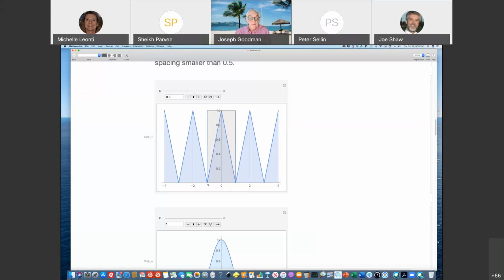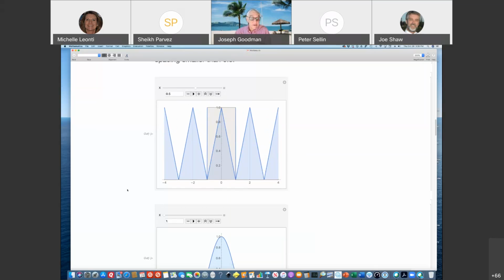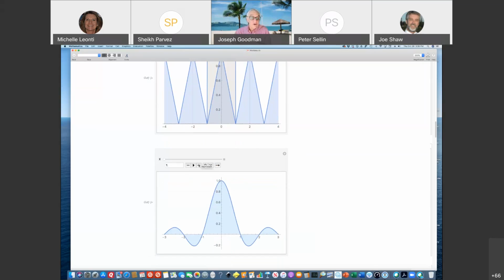When we reach 0.5, for the first time, this rectangular filter is able to sift out the triangle function, and as a consequence, it's able to change this sinc function gradually to a sinc squared function, which is the function we started with. And that happens at 0.5.